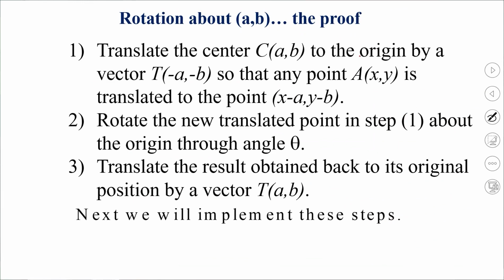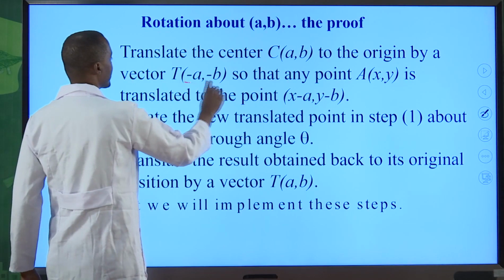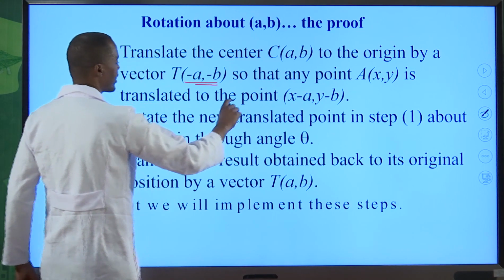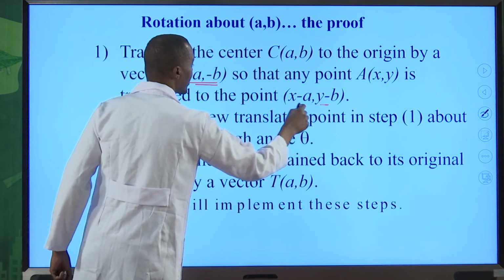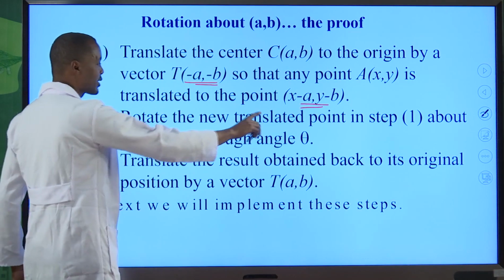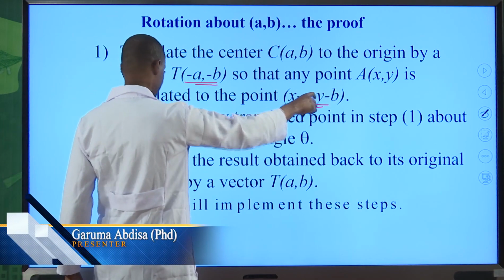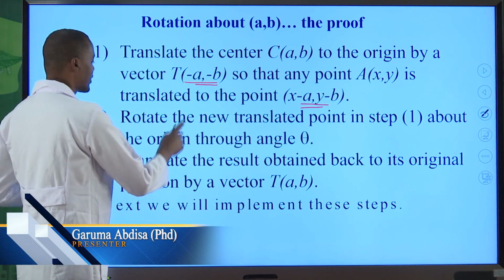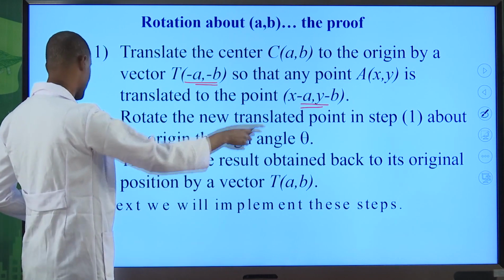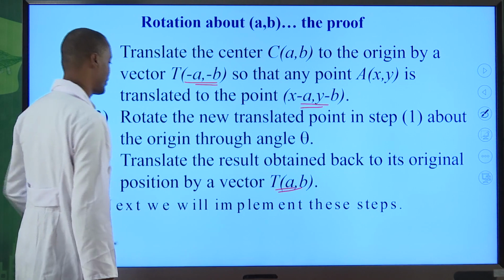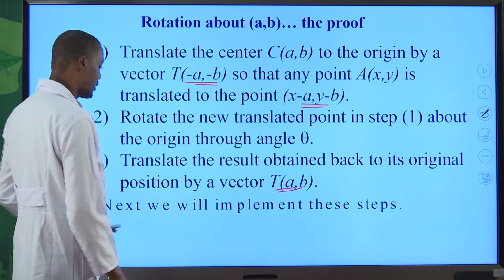So translate the center a comma b to the origin by a translation vector minus a comma minus b, so that any point x comma y is translated to the point x minus a and y minus b. Secondly, rotate the new translated point in step 1 about the origin through the angle theta, and translate the result obtained back to its original position by a vector T of a comma b.